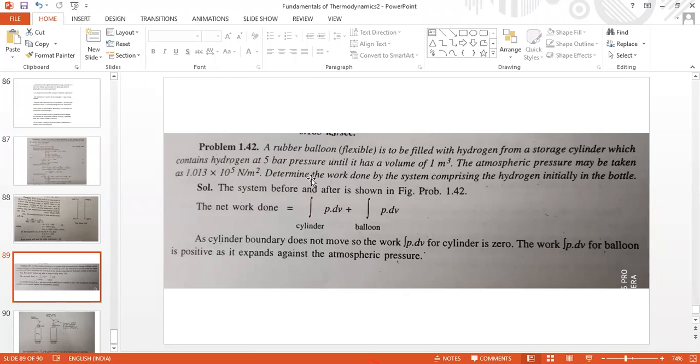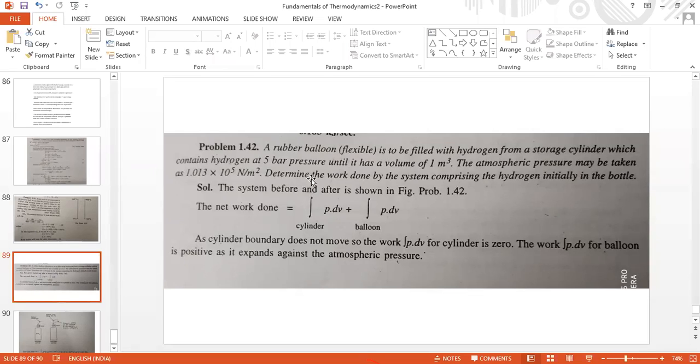Number 3, did you know? 1 bar is equal to 10 power 5 Newton per meter square. Yes, sir. All these are to be recollected.